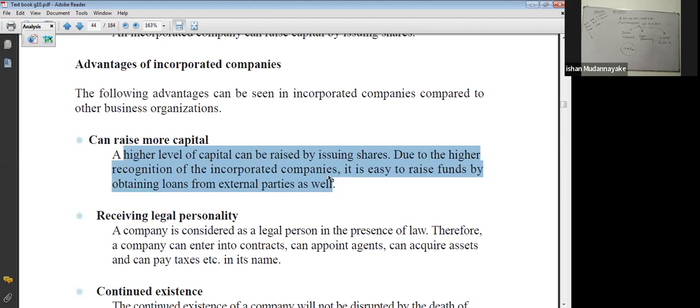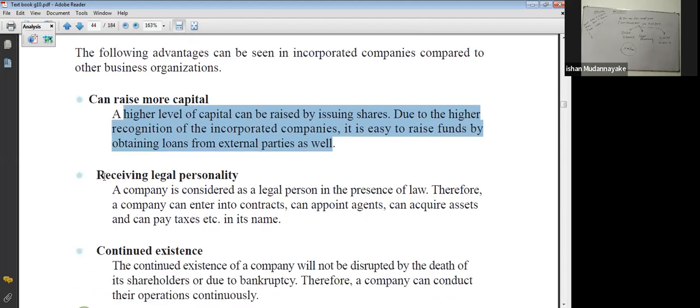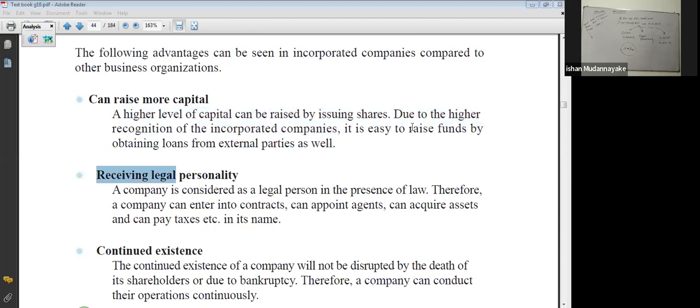Right. Second advantage. Devmi, second advantage. Receiving legal personality. A company is considered a legal person in the presence of law. Therefore, a company can enter into contracts, appoint agents, acquire assets, and pay taxes in its name.